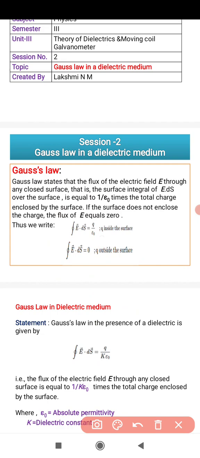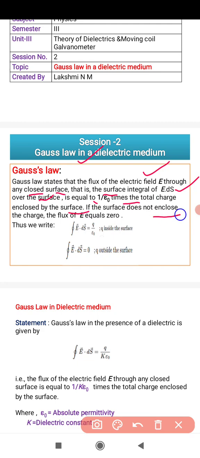Now we see the statement of Gauss law. Gauss law states that the flux in an electric field through any closed surface, that is the surface integral of E dot ds over a surface, is equal to 1 by epsilon naught times the total charge enclosed by the surface.